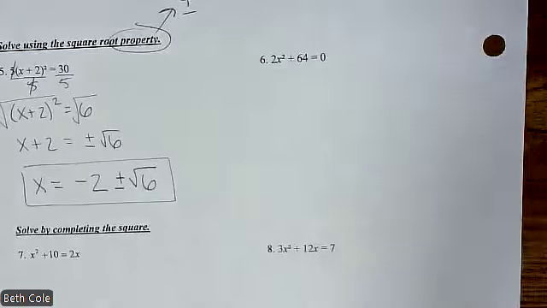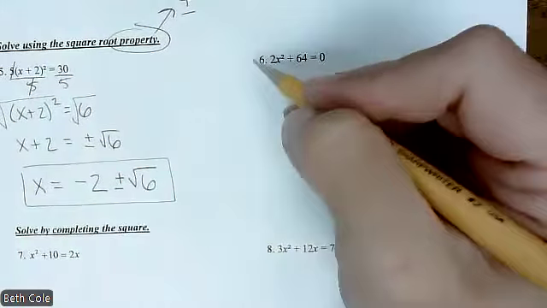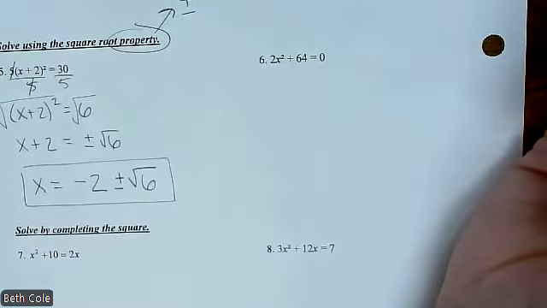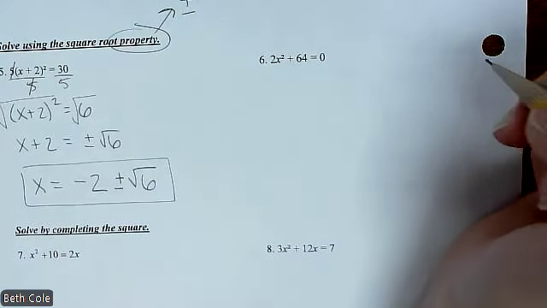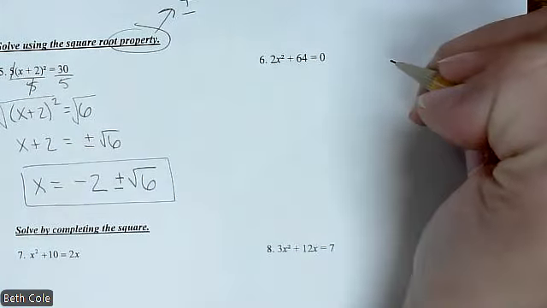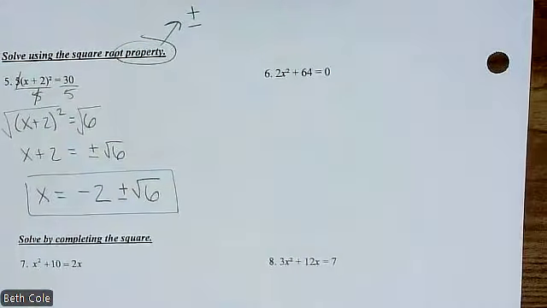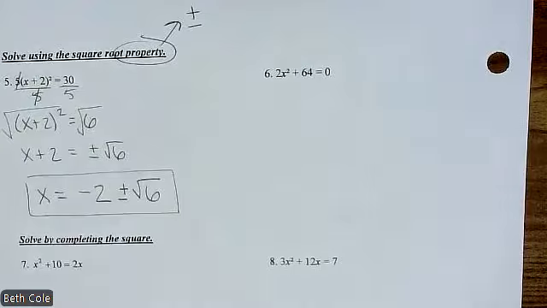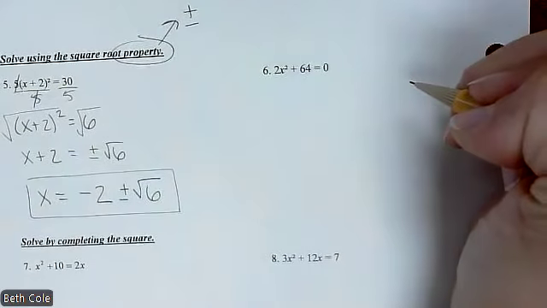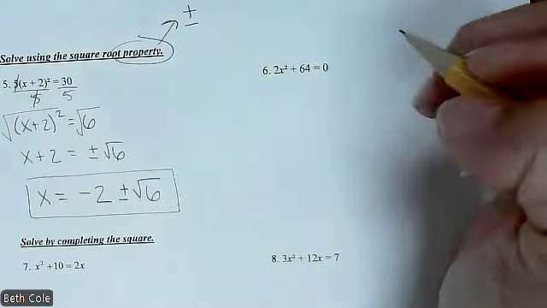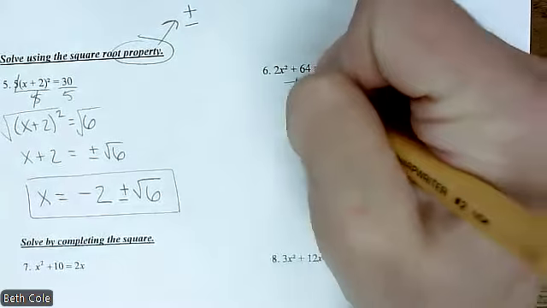Let's try it again. What would you do to start solving this one? It says solve using square root property. So that's not like wrong, but the directions say something different. Thank you. -64.